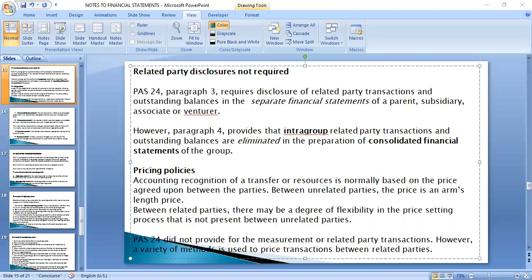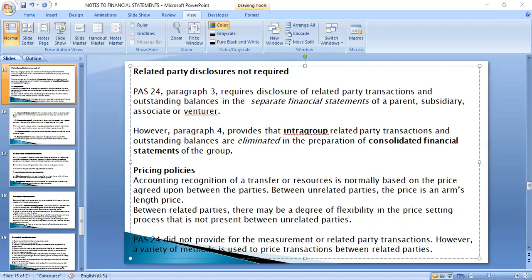Now we have here the uncontrolled price method, setting the price by reference to comparable goods sold in an economically comparable market to a buyer unrelated to the seller.